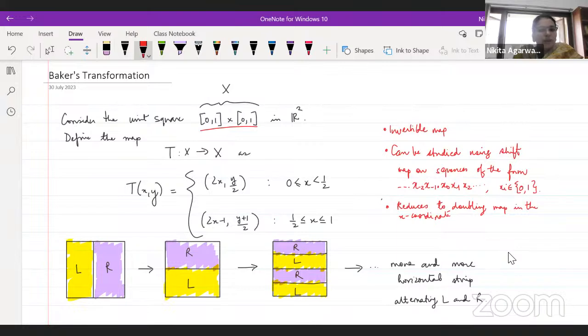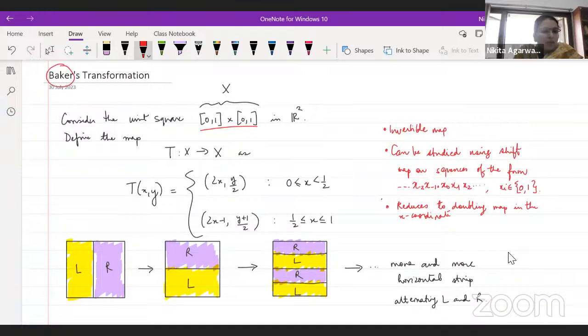So let me explain to you how this map acts on the square. First of all, the name baker comes from the literal term baker. Imagine that this square is the shape of the dough that you have.